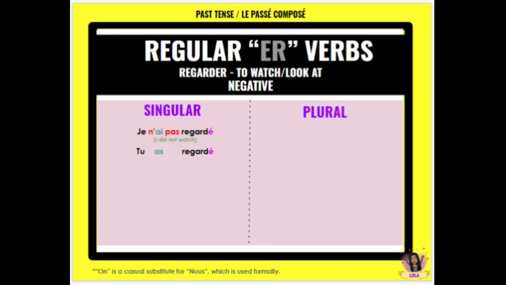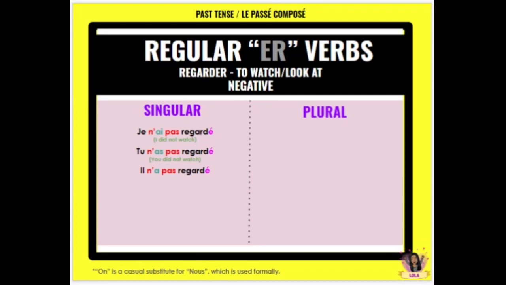We have the same thing with the tu. Tu as regardé. We put the N apostrophe before the auxiliary and the pas after the auxiliary. Tu n'as pas regardé. The next one is il a regardé. Again, N apostrophe before the auxiliary and the pas after the auxiliary.